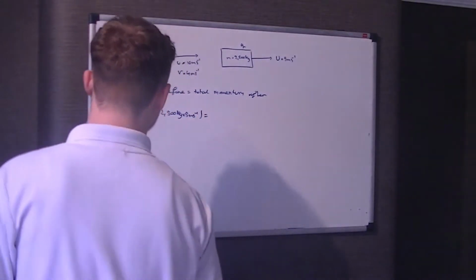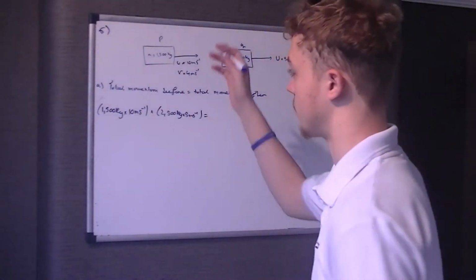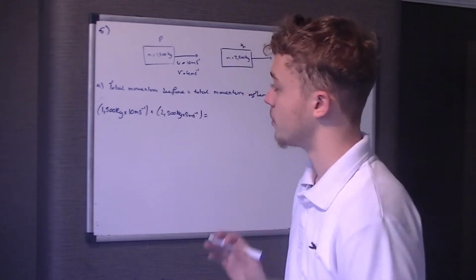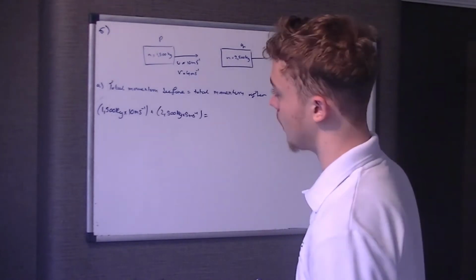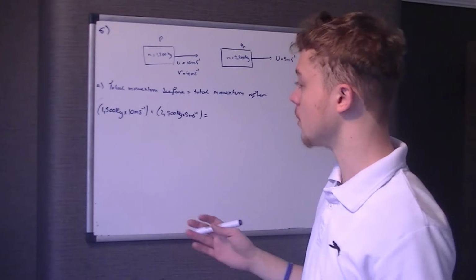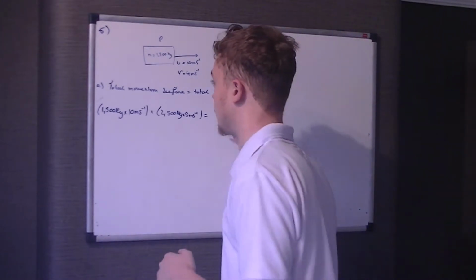That's the total momentum before, because it's the momentum of P and the momentum of Q. Then the total momentum after must have stayed the same, because we can't lose any momentum, it's not allowed.